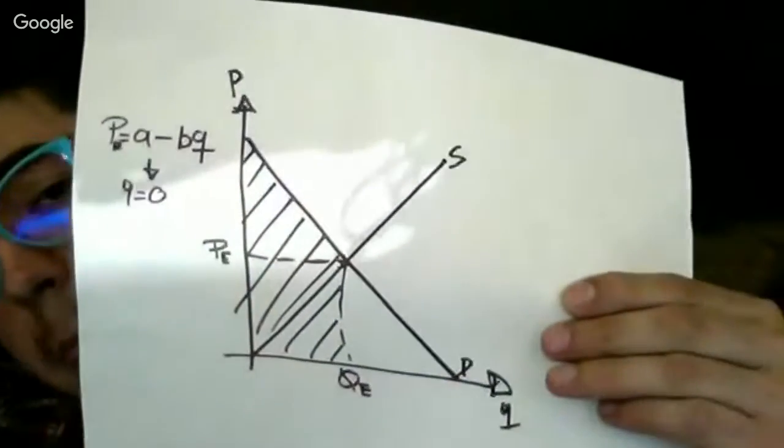Then the next question is, when there's a price ceiling of $2 a bushel for soybeans, and this comes from problem set 2, what happens to my diagram?